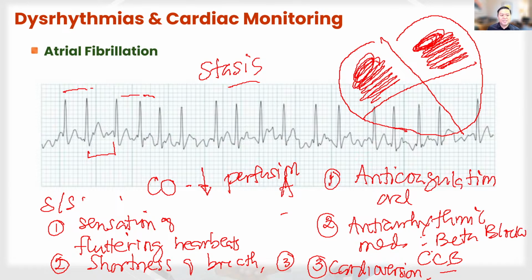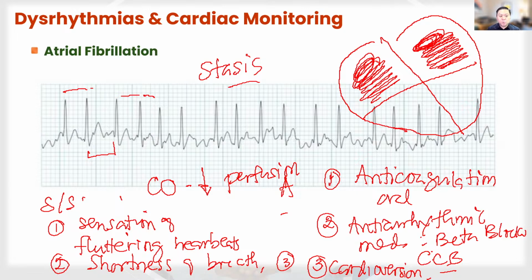All right, so don't forget about AFib. There is irregularity in the firing of the impulses coming from the atria. It's so busy in the upper chambers. The patient will end up with SOB, shortness of breath, and a fluttering sensation in their chest. There's also going to be decreased cardiac output because of the ineffective pumping of blood to the circulation.